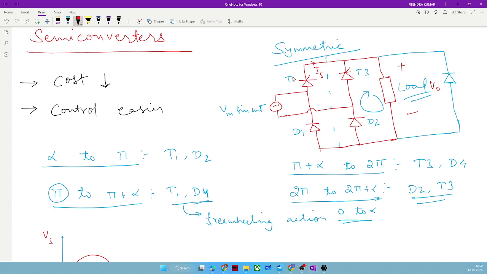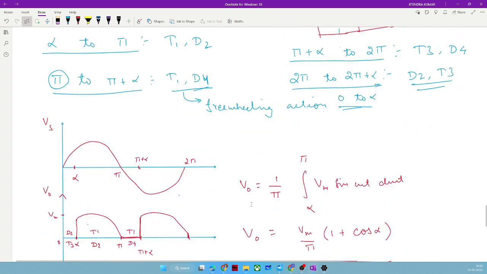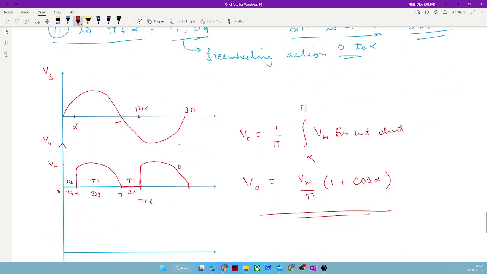So no supply current is being withdrawn, which means source current would be zero for the freewheeling operation period. We can draw IS as zero for those periods.